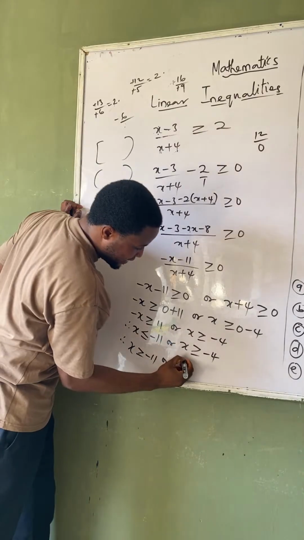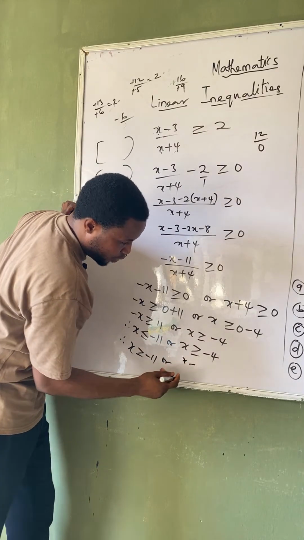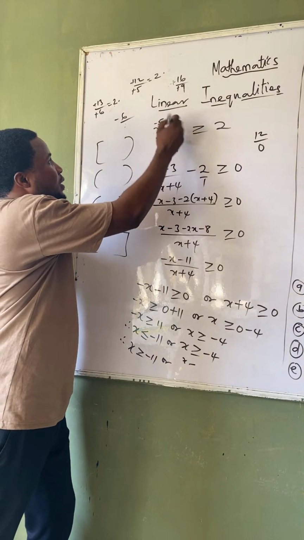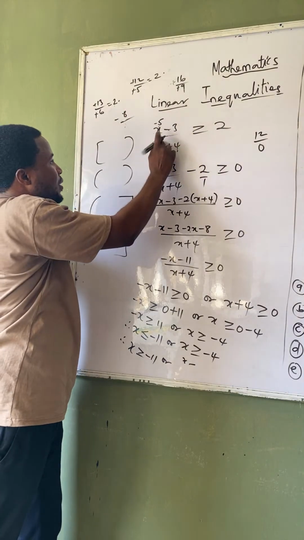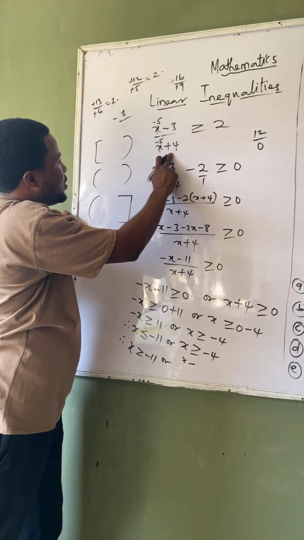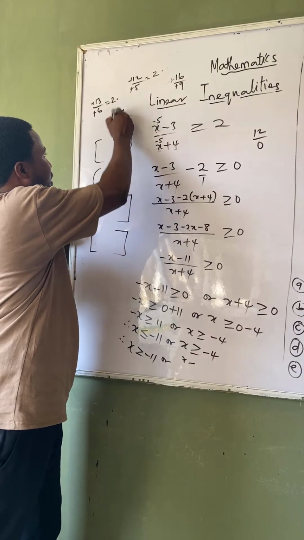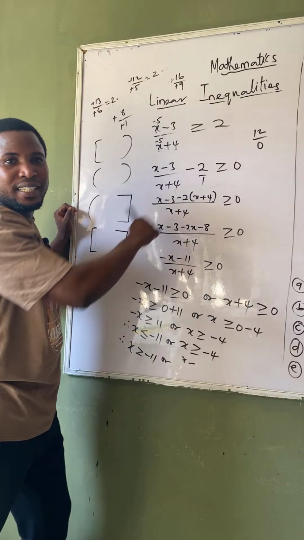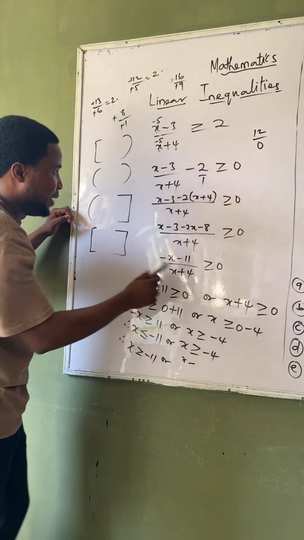So how about we switch this back to less than or equal to minus 4? If I switch it to x is less than or equal to minus 4, what do I have? Let's try minus 5. Minus 5 minus 3 is minus 8. Minus 5 here is what? Minus 5 plus this, minus 1. This cancels this, right? I have 8. Is it greater than 2? Yes. Let's try minus 6.